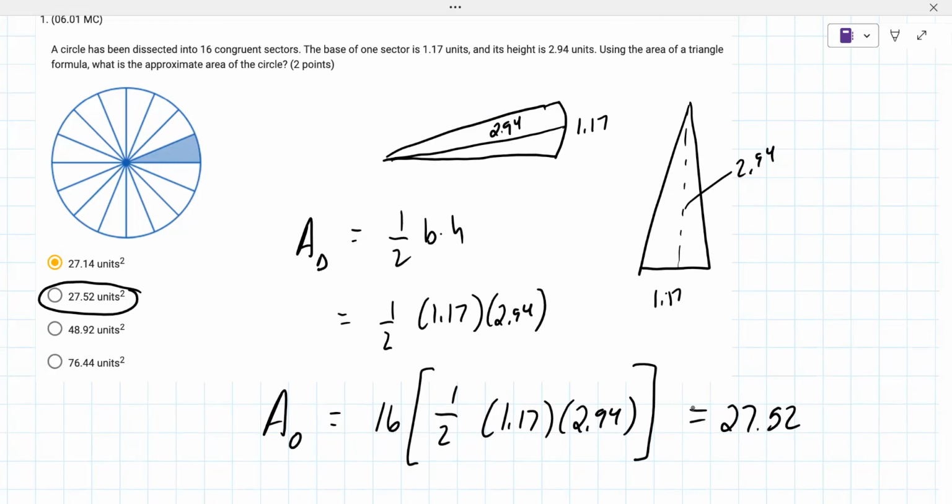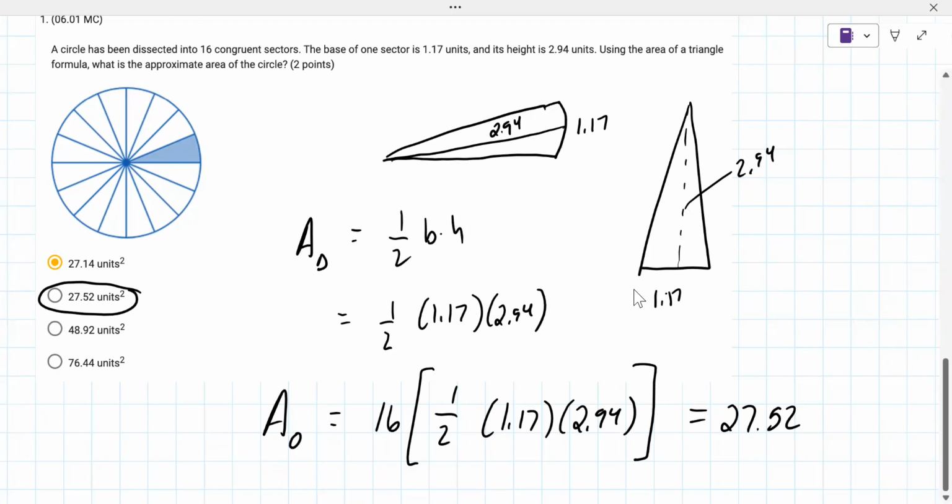I got 27.14 by using 2.94 as the radius, and then doing the area of a circle using that. Okay, I can't speak to that because it does say to use the area of a triangle formula. So if you're not using this, it feels like you can't really get it correct.